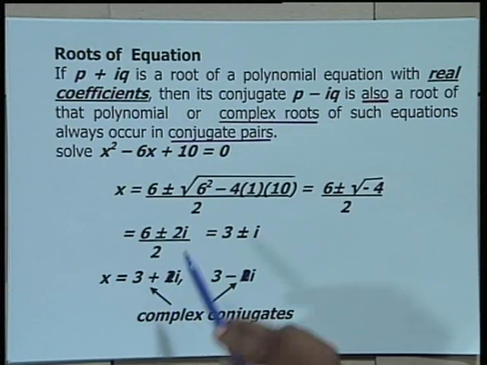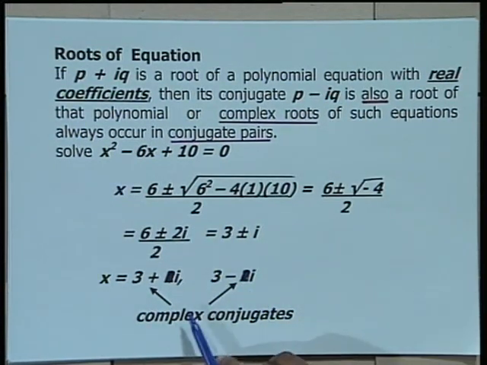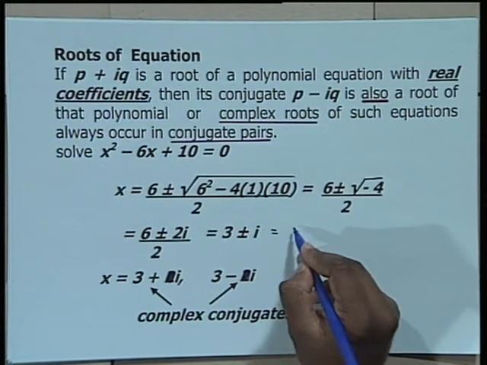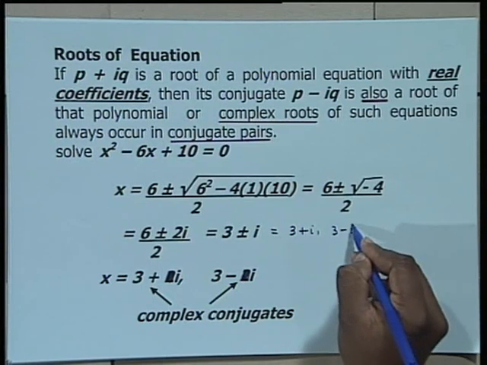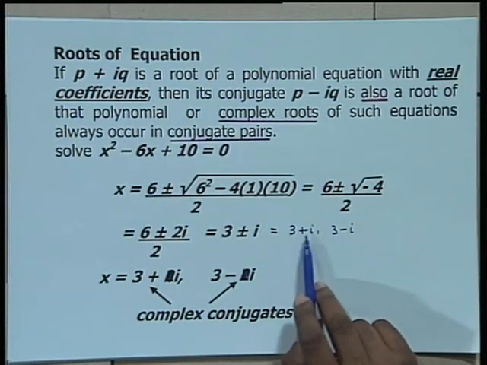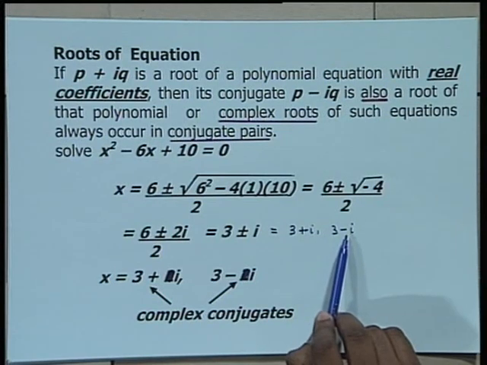So note that 3 plus i and 3 minus i are complex conjugates. These two roots occur in conjugate pairs. If 3 plus i is a root, 3 minus i must also be a root.